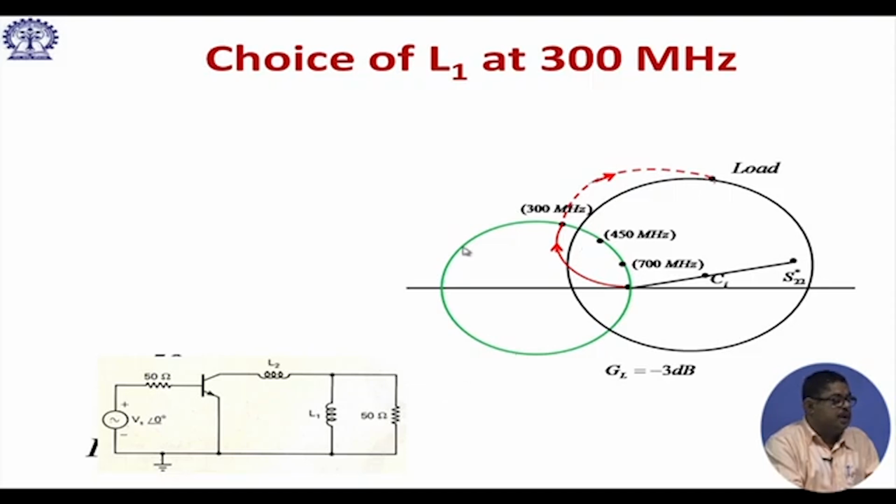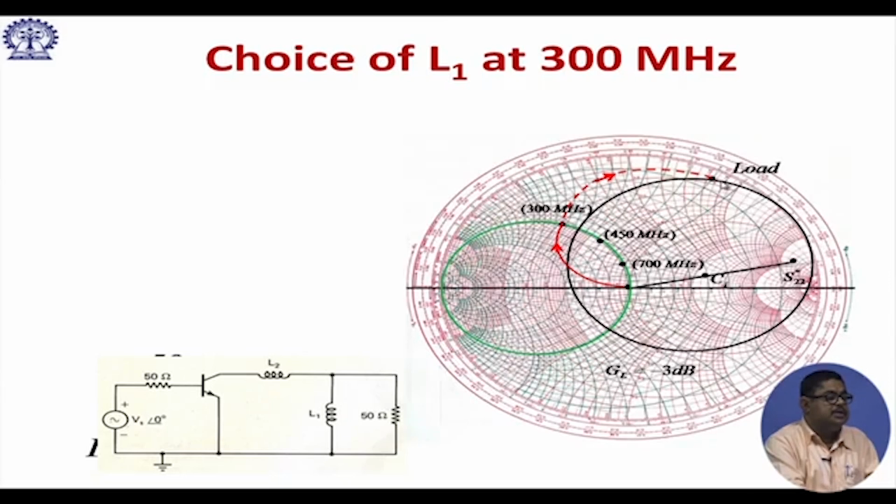So, choice of L1 at 300 megahertz, let us say that this is giving that choice. This is the Smith chart part. At 300 megahertz, from the load I am moving here, first converting and then moving here. So, I am hitting it here.